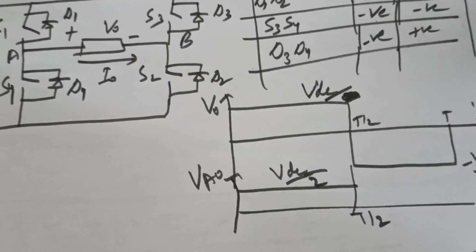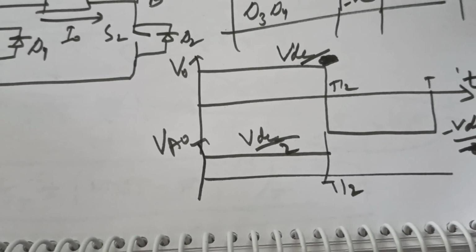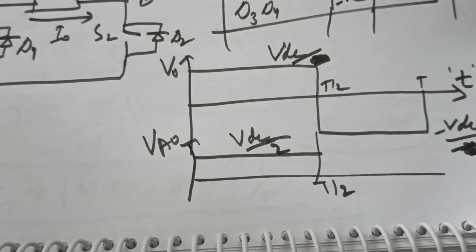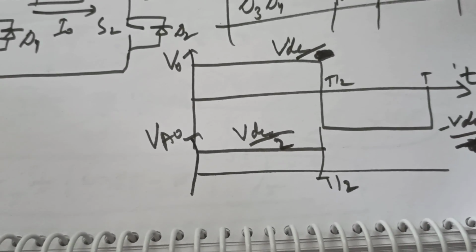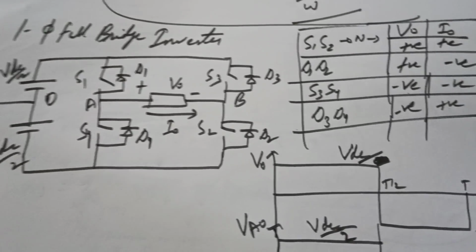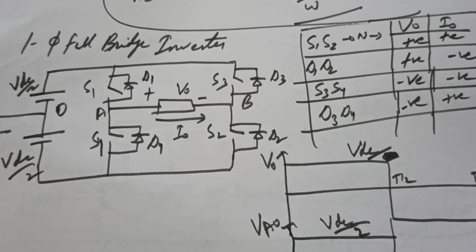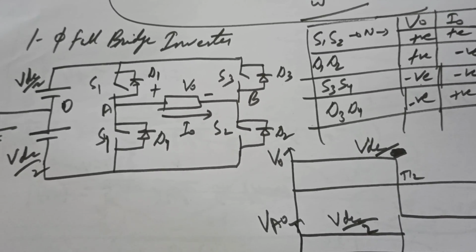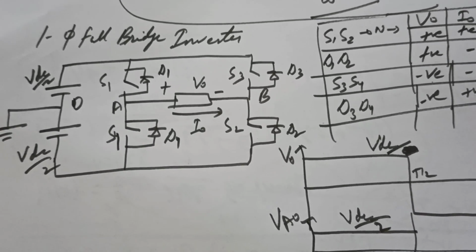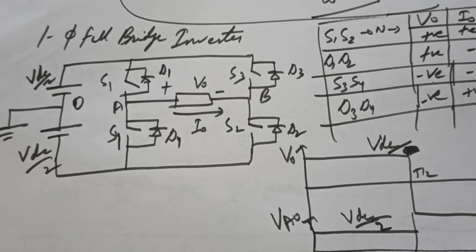Let's have a look at this. VA0, that is the voltage of A with respect to pole naught, is going to give you VDC by 2. It's very simple.